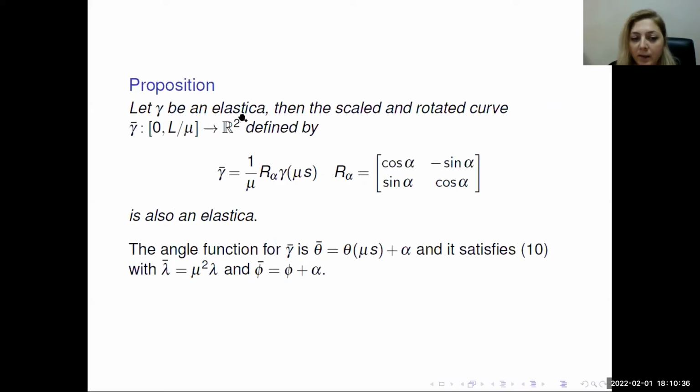If gamma is an elastica, then the scaled and rotated curve gamma bar, defined by this, is also an elastica. This is important because we make rotations and scalings while constructing the accretive surfaces.